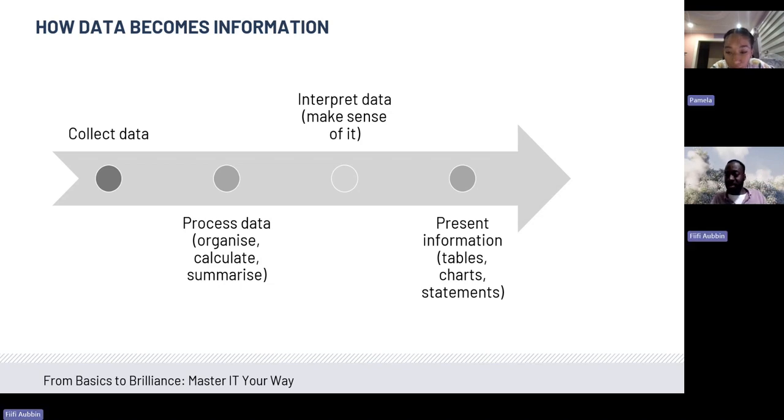So how data becomes information, from what I'm understanding, is that first you collect the data by any means like interviews, surveys, questioning people, questionnaires, all those. Once you collect that data, you compile it. Let me give an example. Say I'm doing a research assignment and I need to collect data on how many people live in a particular area.